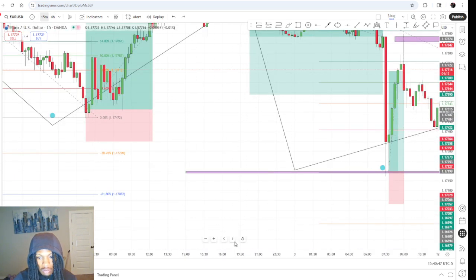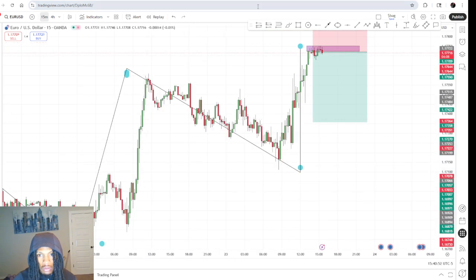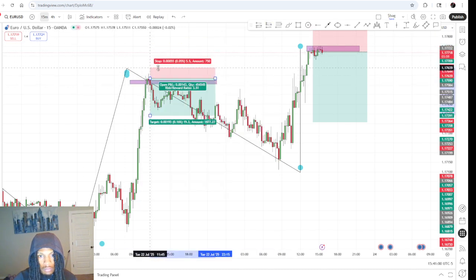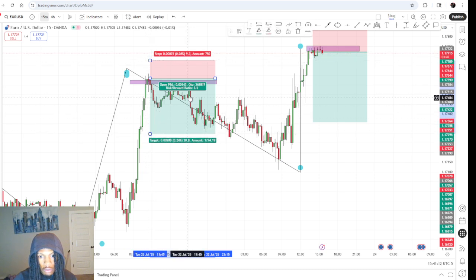It made these big moves up like this. And guess what? Moves in here like this. Then it went to a 1 to 3.